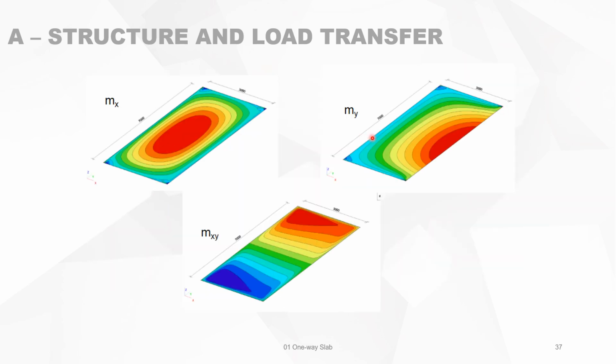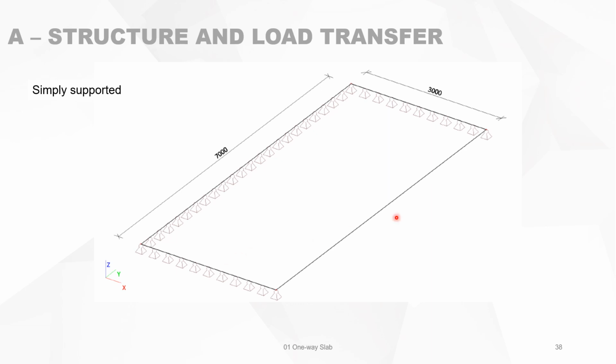Then you take those three together, and you will see this is only at the side, and this is only on this corner. So it means that you have one free edge and two other edges which are simply supported because of those torsional bending moments here in the corner.